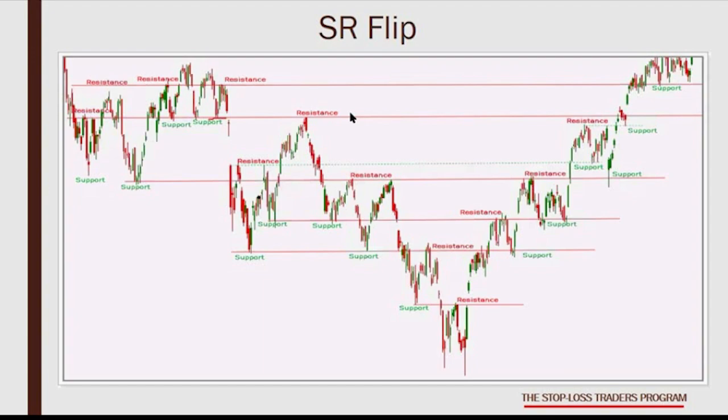There is something called SR flip. As we said, when our SR gets violated, it is very important for us. If you remember, I just spoke about that a few slides back. So when a resistance gets broken, it becomes a support for us.